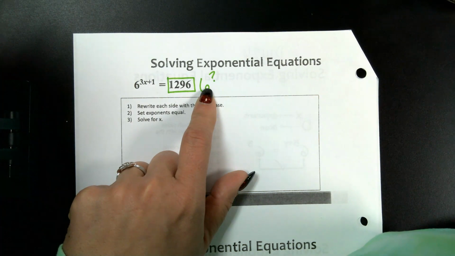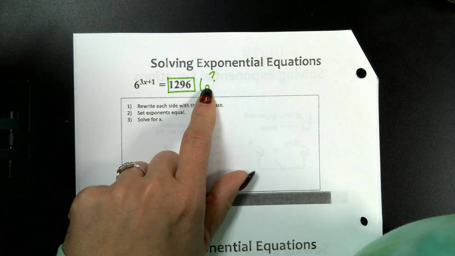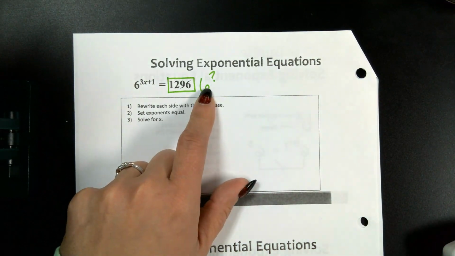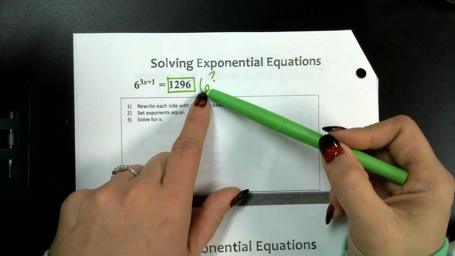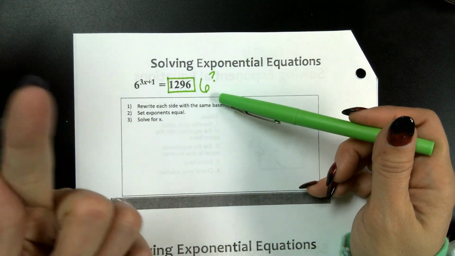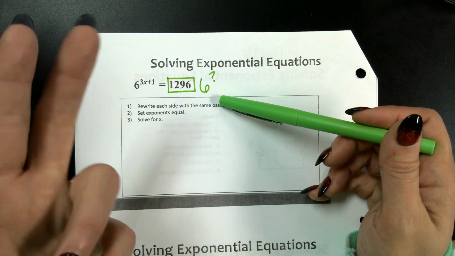I'm going to tell you right now, your exponents are never going to be that large, because if you think about what an exponent is, it's that base multiplied by itself over and over again, so your numbers get really big really fast. So there's no reason to type in a 1 or a 2 into your calculator, because those are ones you usually know off the top of your head. I would always start with 3.